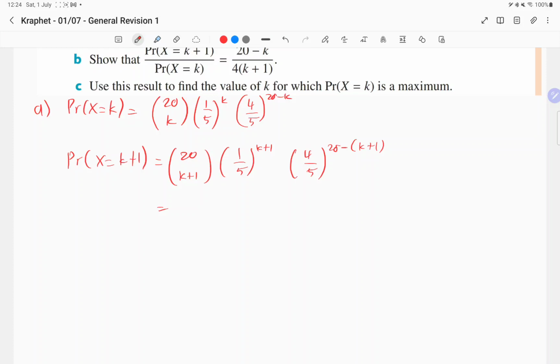Combination. Normally you don't get that too much. And CR, okay. So nCr is the same as n factorial over r factorial times (n minus r) factorial.